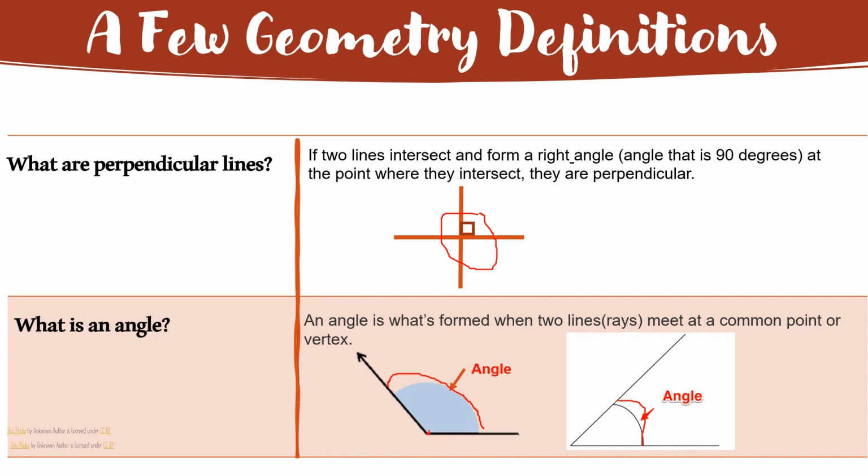That's the vertex. So two lines that intersect at a common point, they intersect, they form an angle.